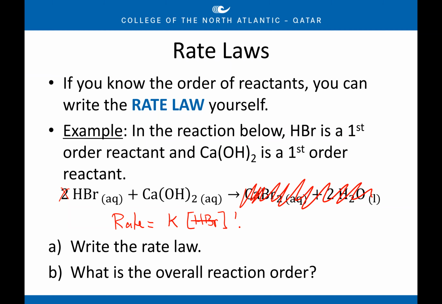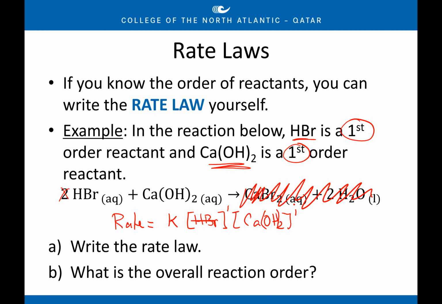So I have HBr and I have Ca(OH)2, and then I raise these to the order that is given in the question. HBr is first order. Calcium hydroxide is also first order, which just means I put a 1 and a 1.